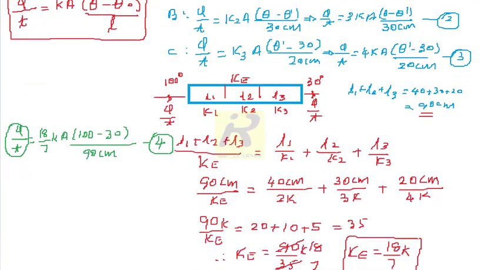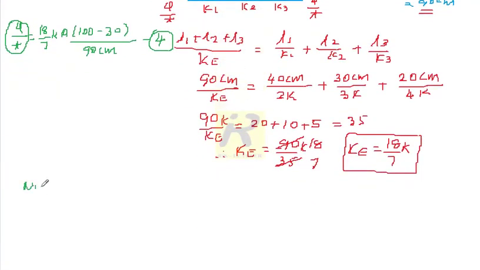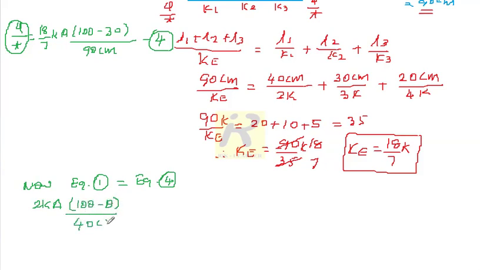Equation 1 says it is 2K into A, in the bracket 100 minus theta divided by 40 centimeter, which equals equation 4, 18K into A divided by 7, and in the bracket 100 minus 30 divided by 90 centimeter.